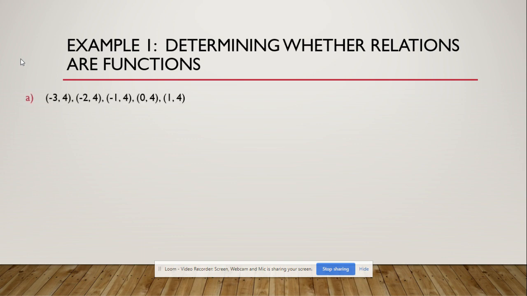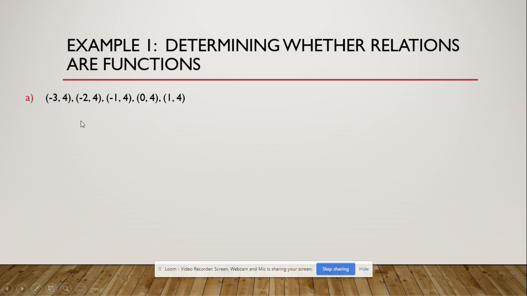All right, so first we've got a bunch of ordered pairs. The input of -3 has the output of 4. I don't see any other -3's, so that is its only output. If the input was -2, the output is 4. If the input is -1, the output is 4.